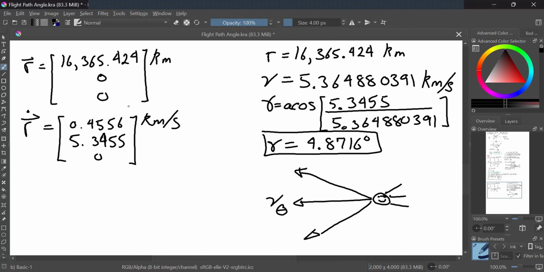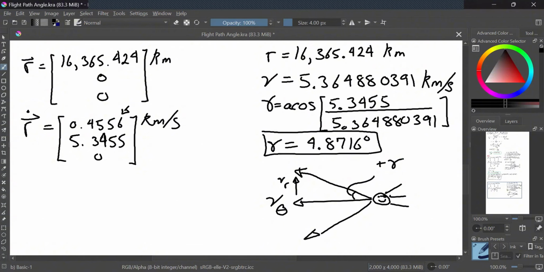In fact, it is provided right there. That radial component of our velocity is positive. Positive in this context means that it is moving away from the Earth. Therefore, we have a positive gamma. Where instead that value negative, we would have a negative gamma.